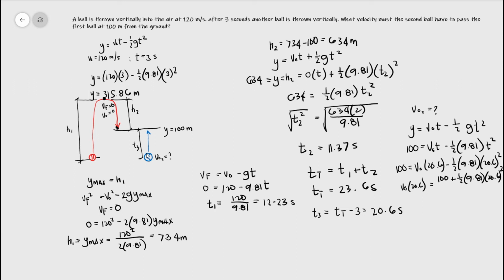And if we divide both sides of the equation by 20.6, we can get our initial velocity for the second ball equal to 105.89 meters per second. Okay, this will be our answer for this problem.